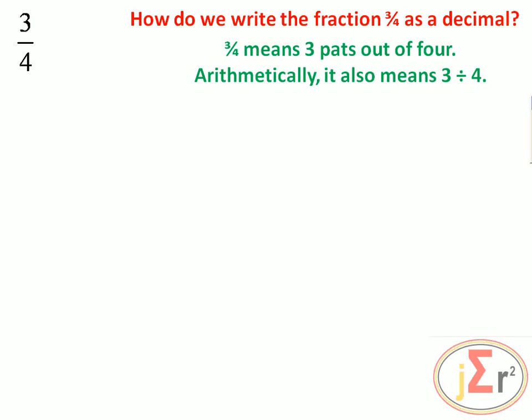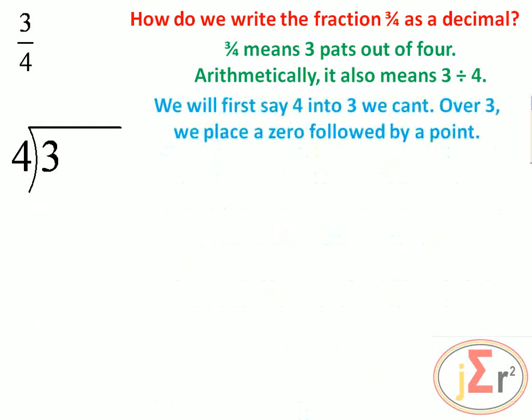So 3/4 means 3 parts out of 4. Arithmetically, it also means 3 divided by 4. So what do we say? 4 into 3. We can't, at least not a whole number of times.